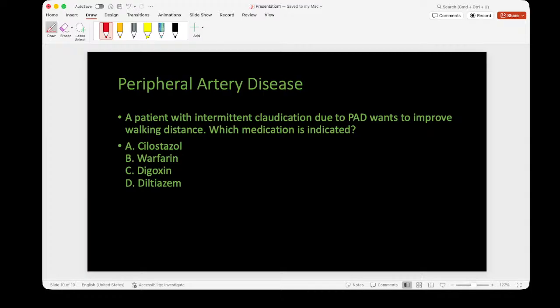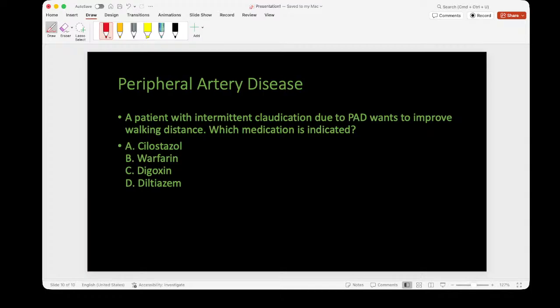And if you had to look at it this way, you would more likely see warfarin being used when dealing with issues with the heart than with the peripheral artery.